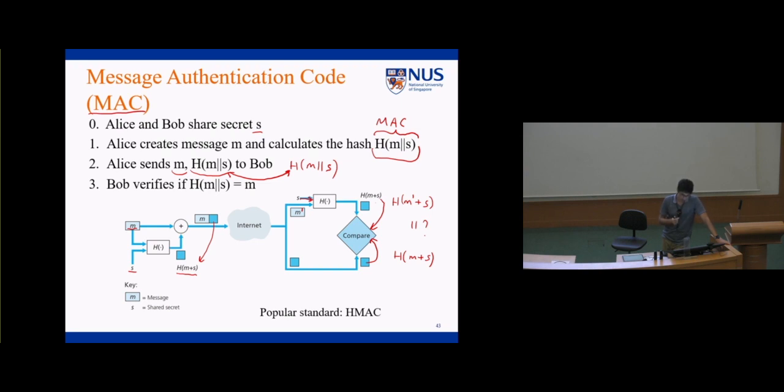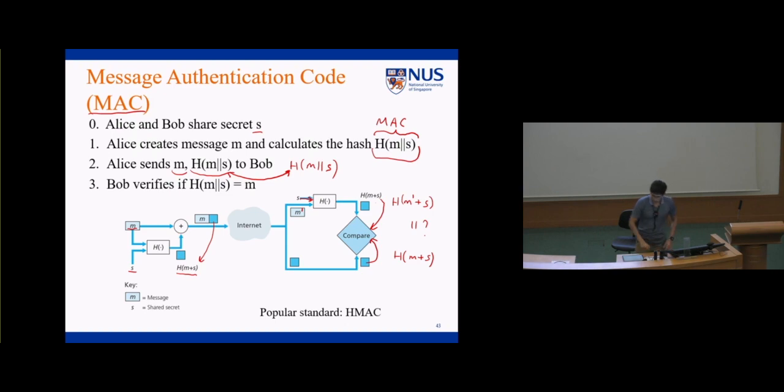And also, these message authentication codes that use a symmetric key, or shared secret, I'm using them interchangeably, by the way, are not good for broadcast scenarios. Broadcast meaning that I am sending my message to not just Bob, but multiple parties.